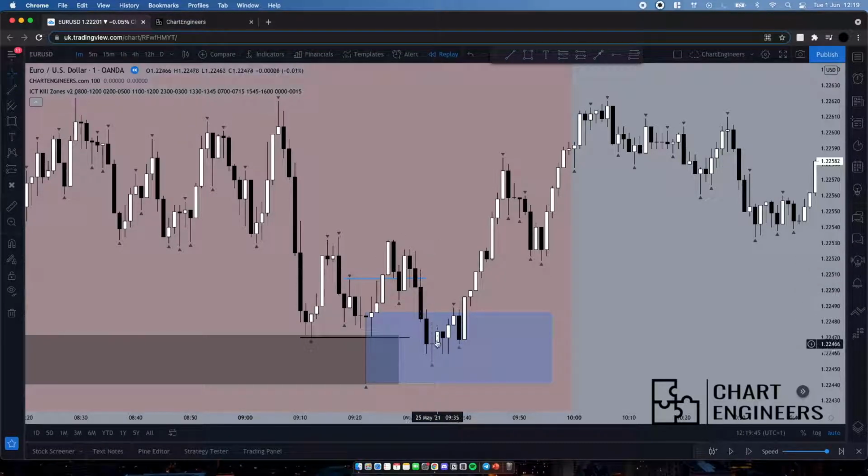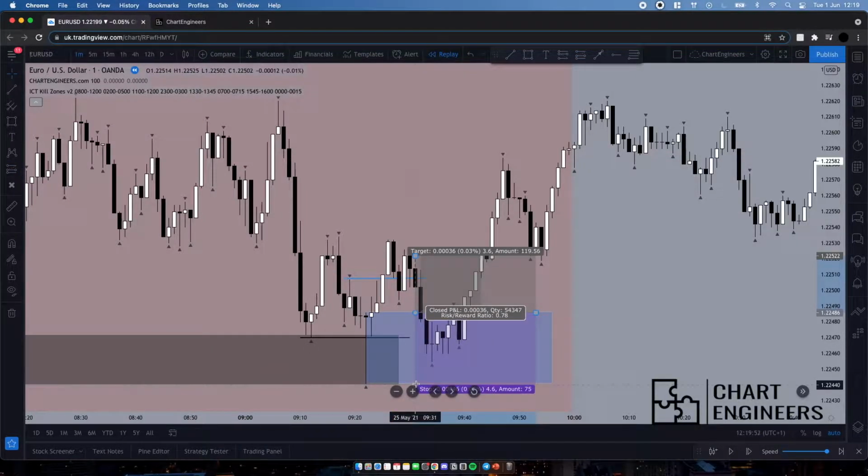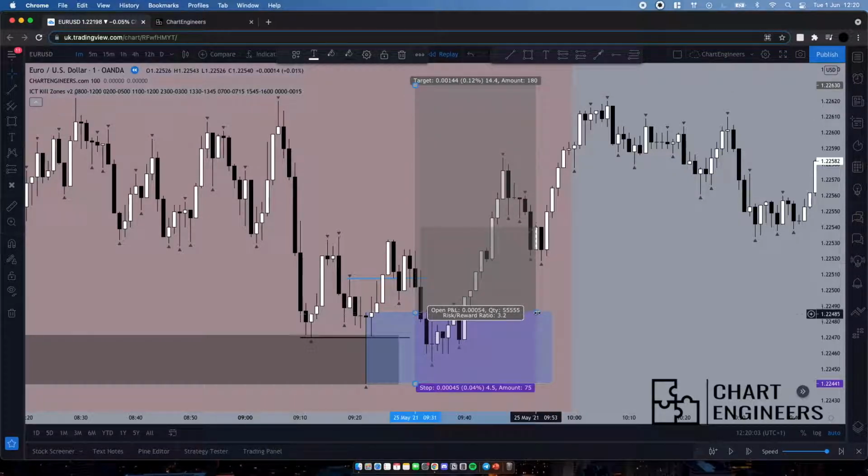So a market structure break, here's your raid candle, RTO into it. So 4.5 pips. And this one didn't hit TP, so I always do 3.2 to include commission.